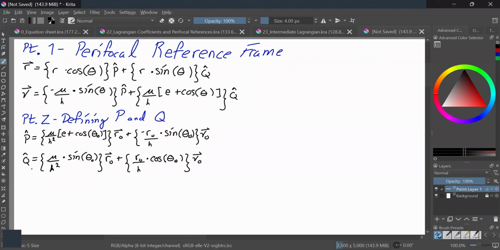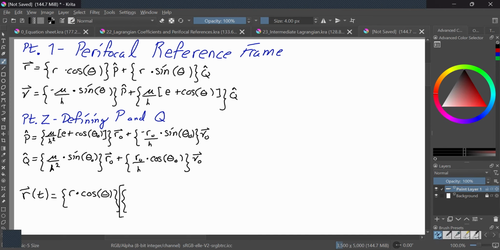I'm going to get started with radius, so r at any time t will be equal to the first part. I'm going to use curly braces for the whole thing if I can. R times the cosine of theta, any theta, times p.